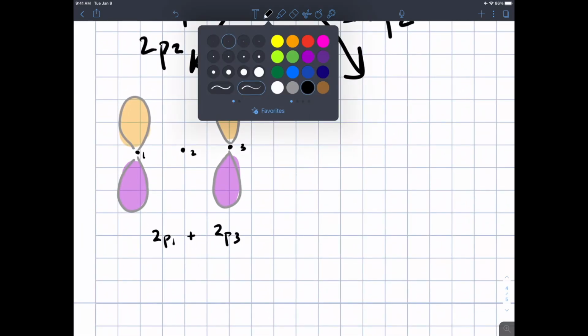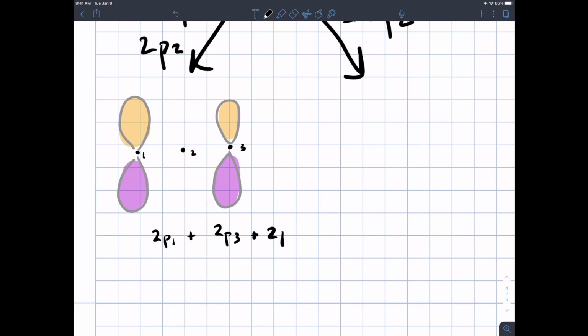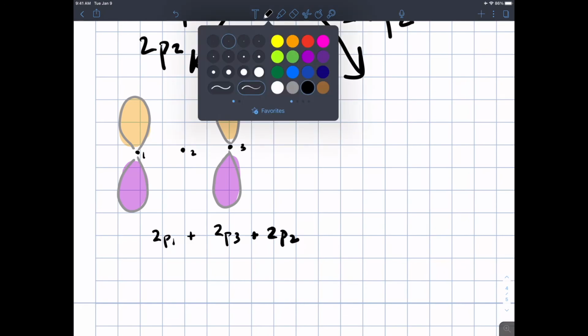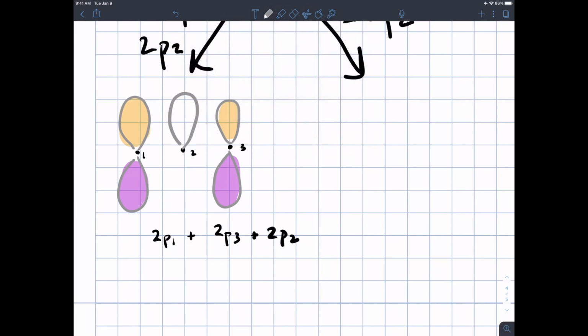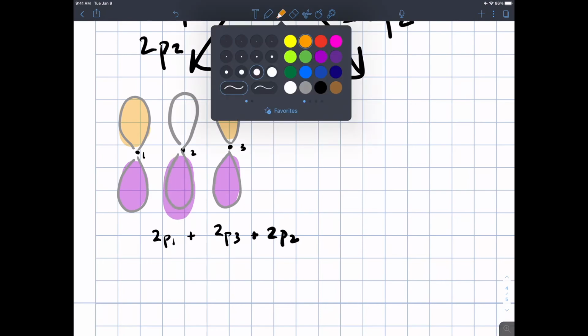So if we add the 2p orbital from carbon 2 and we do it in phase, we're going to have this arrangement.